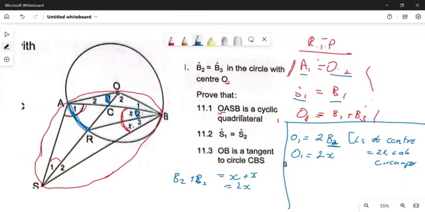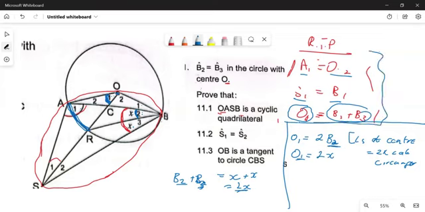One of the things that I wanted to prove is that O1 should be equaling to B2 plus B3. And then if you can check that, what is B2 plus B3 here? It's 2X again. What is O1? 2X. So it means that I've proven one of the things that I was required to prove here.